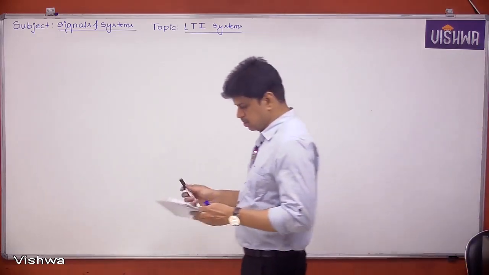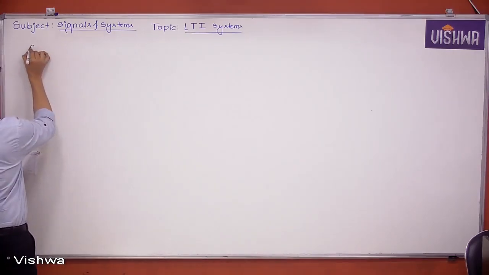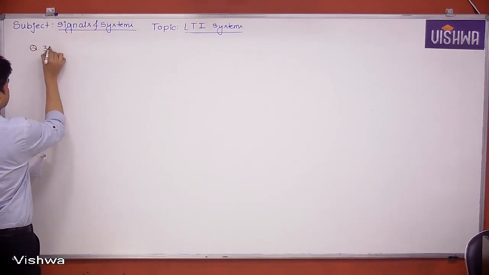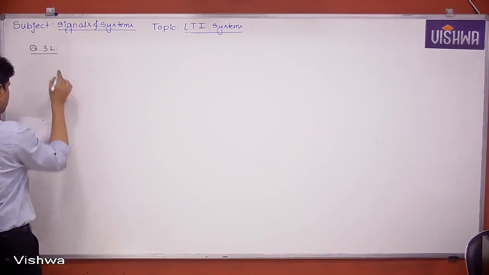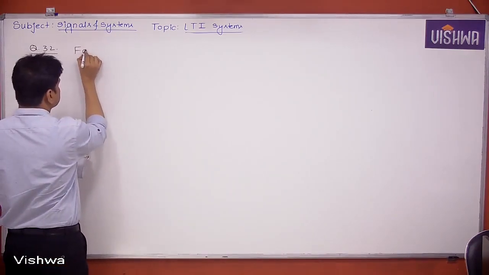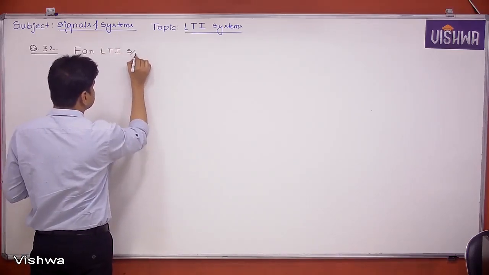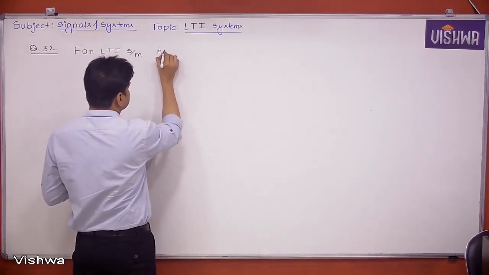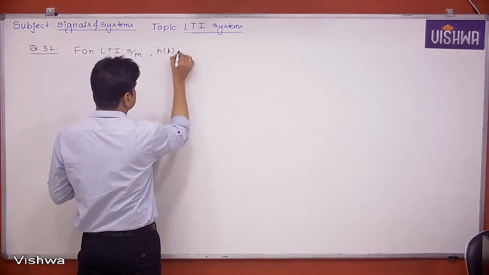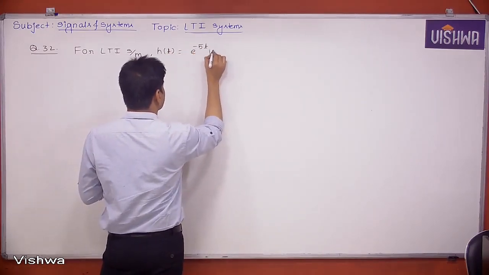Let's see question number 32. For an LTI system, h of t is equal to e power minus 5t u of t.